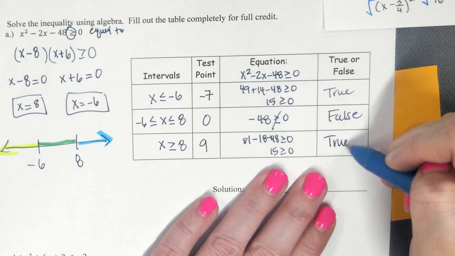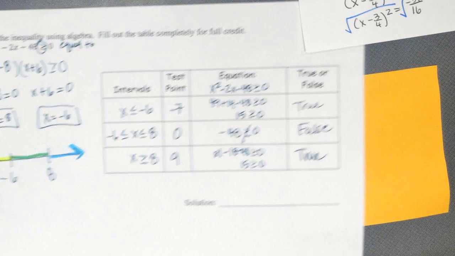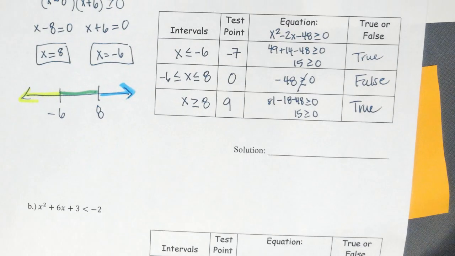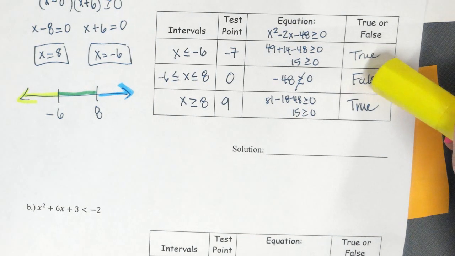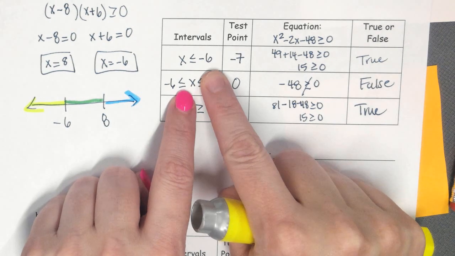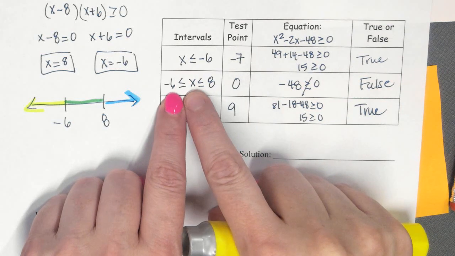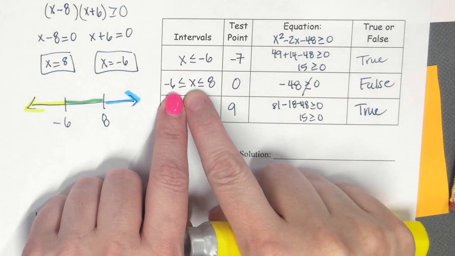What have we noticed about the way this table works? They always alternate, right? So if this one is true, this one is false. That's because these two border each other and they're saying opposite things. Could x be less than or equal to -6 and greater than or equal to -6?